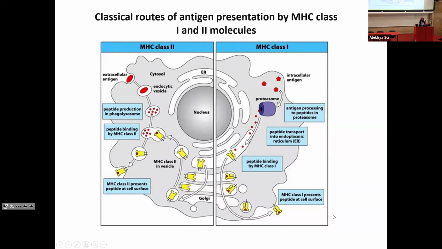So in one case, it's the phagolysosomal compartment that breaks down the protein coming from outside, and proteins that are within the cell are broken down by the proteasomes. And then you get loaded to class 1, or in this case, class 2, okay? And you can see that you have taken care of both kinds of pathogens to be able to get loaded onto these antigen-presenting molecules, okay?